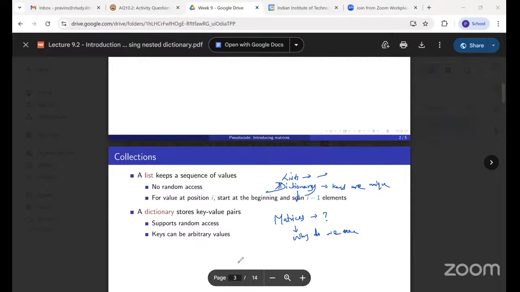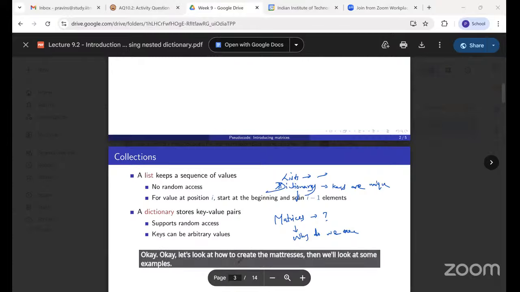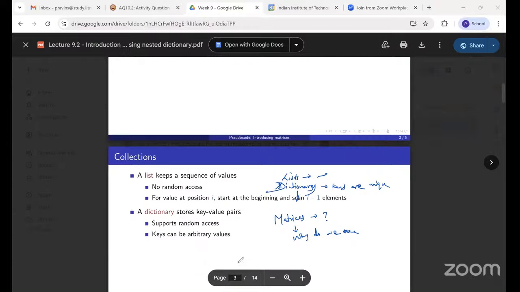Okay, let's look at how to create the matrices, and we'll look at some examples.